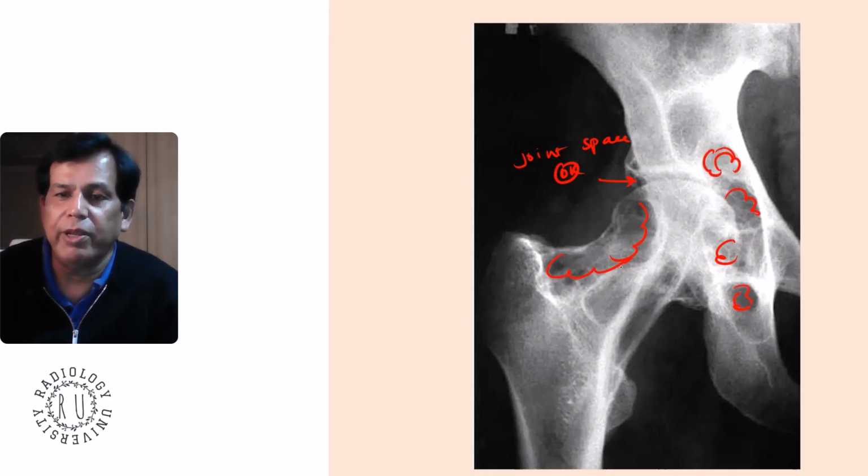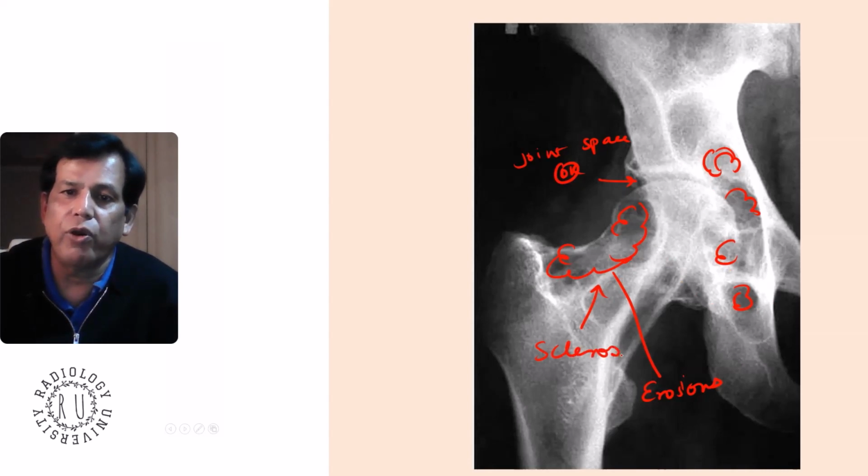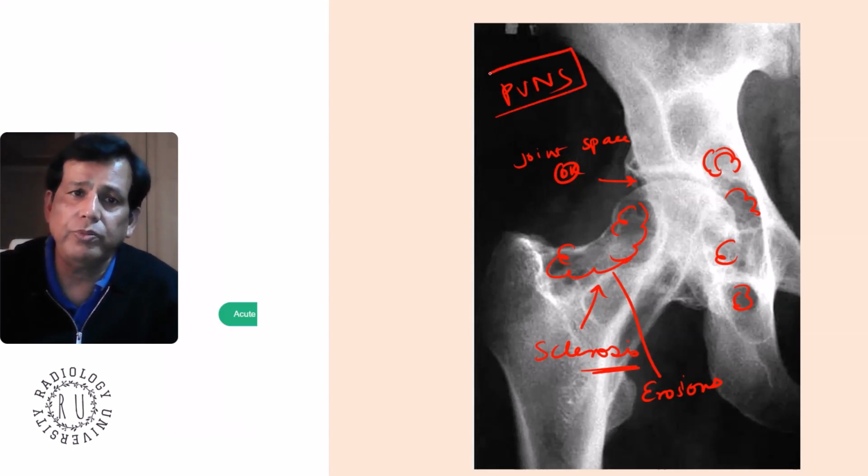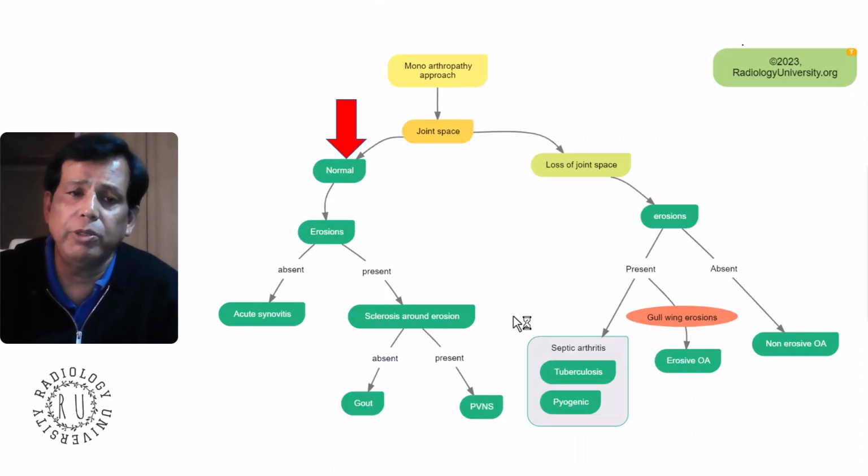Somebody who is struggling may say, I know the joint space is normal. There are a lot of scalloped areas of sclerosis and erosions on either side. They're more like chronic to me. There's some soft tissue thickening. It is PVNS. Get an MR done, and there is the diagnosis. Again, the same principle: normal joint space, erosions there, PVNS.